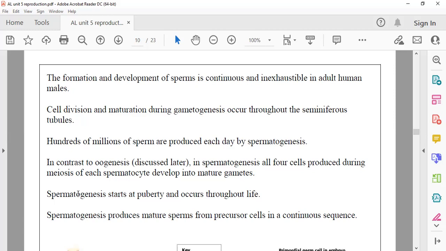What is the next statement? Cell division and maturation during gametogenesis occur throughout the seminiferous tubules. That is within the seminiferous tubule. Okay.